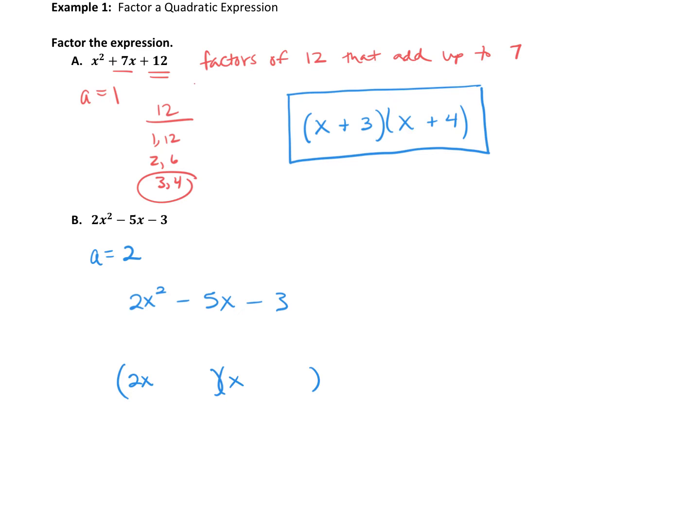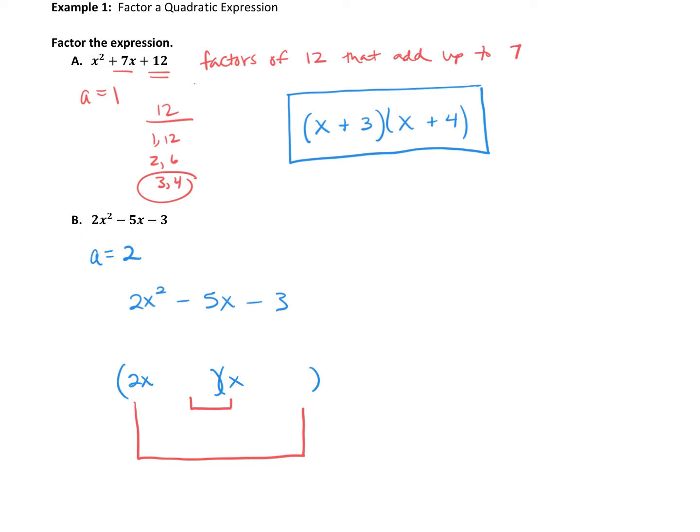What you want to think about to make more of an educated guess is our check: these 2 terms are going to get multiplied, and we're checking the outside and the inside terms. Those need to add up to this middle term of -5. That's the only way that we know that we factored it correctly.